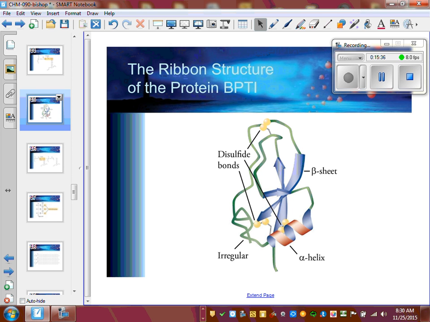Anybody got an example? How many people eat breakfast? Okay, you fry an egg. The white of the egg is clear when you put it in the pan. Those are proteins. When you heat it, the tertiary structure falls apart.